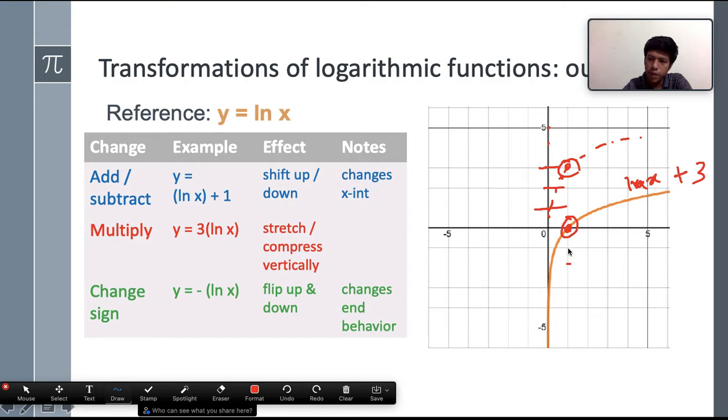Suppose this point now they write here, and suppose the graph is like this, then it will be ln x. This is minus 1, so it will become ln x minus 1. There is no bracket here, notice it.